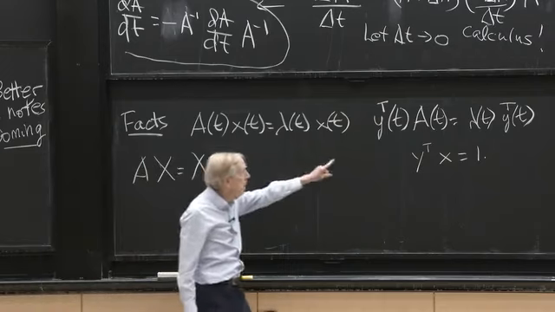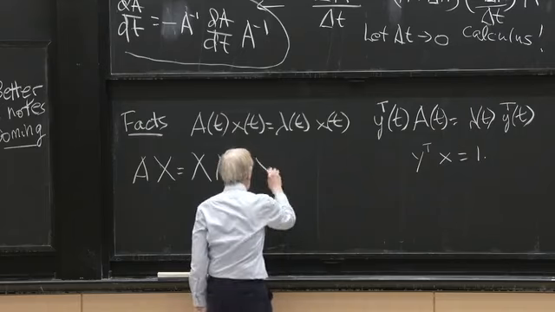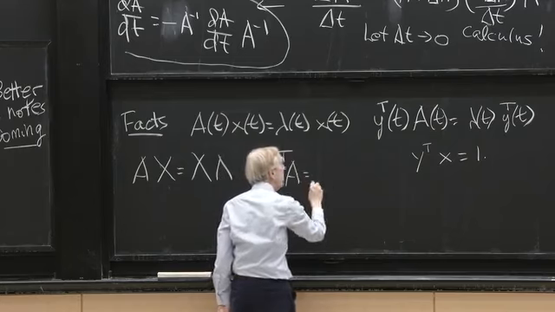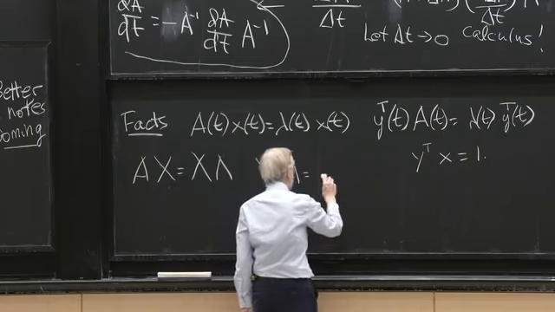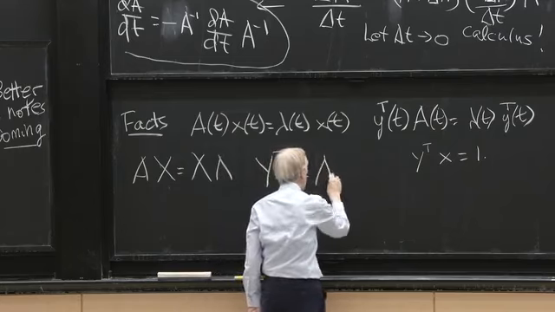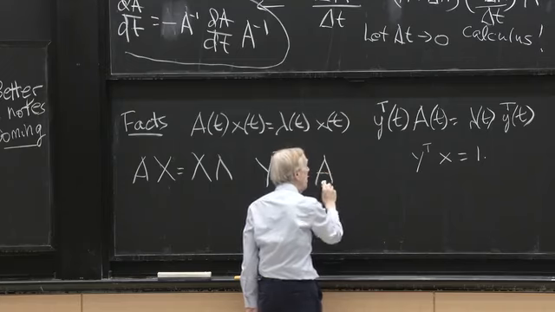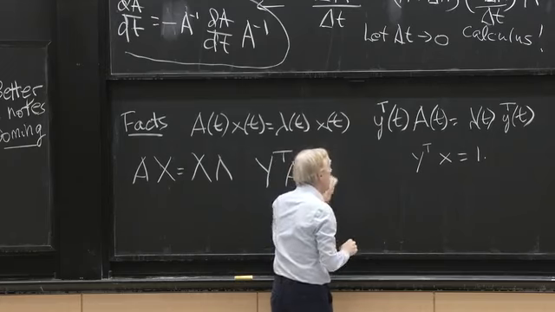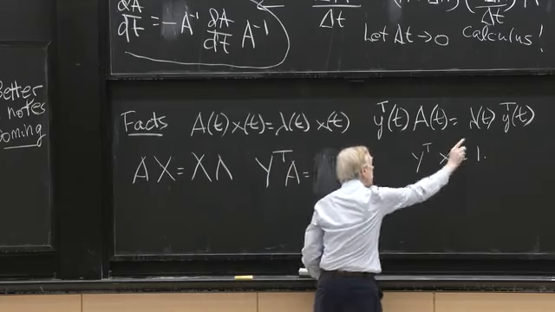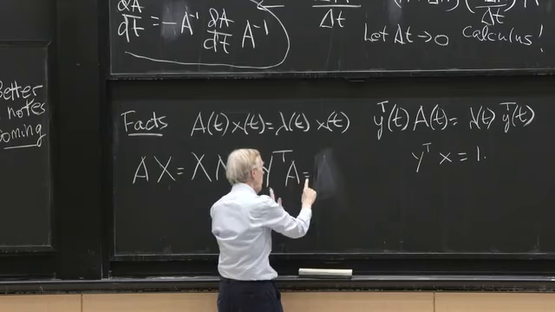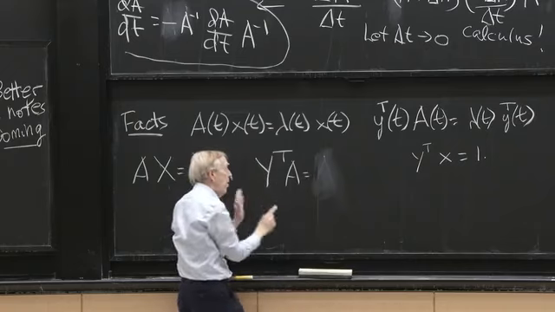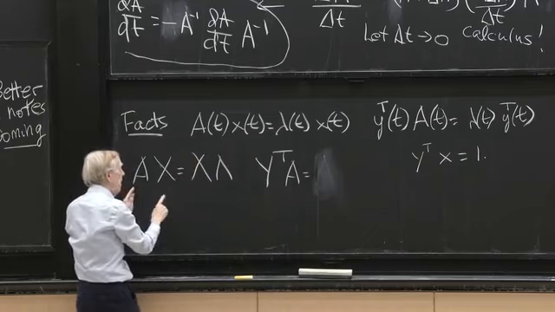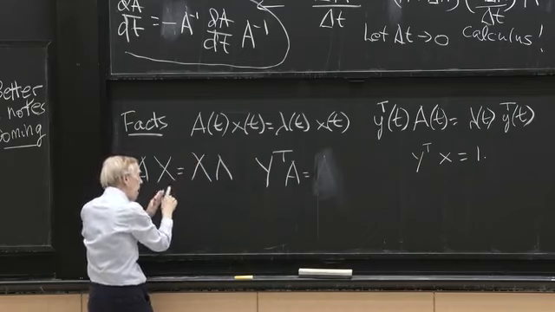What would this one be? This would be like Y transpose A equals lambda Y transpose. I feel wrong if I write Y transpose on the right here; like here, the X was on the right, and here I want lambda on the left.